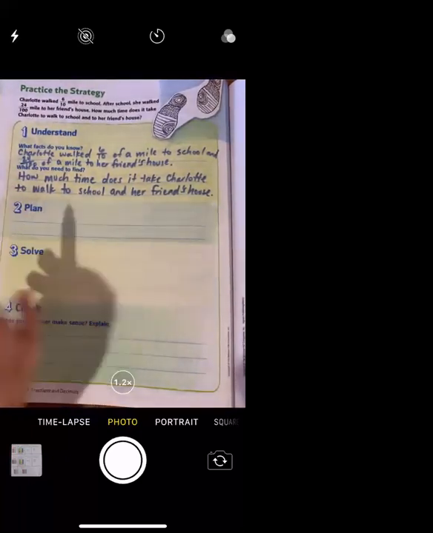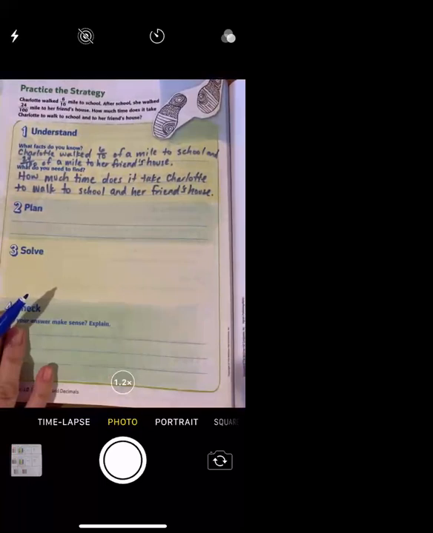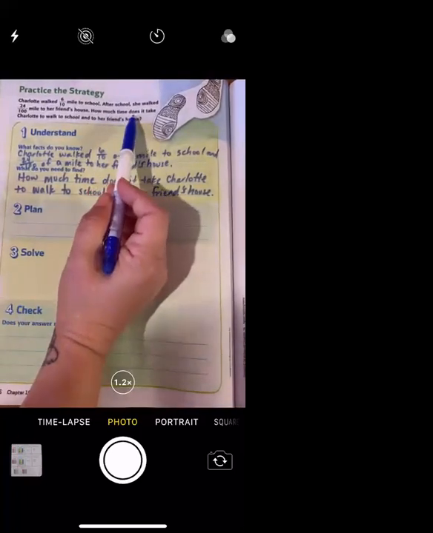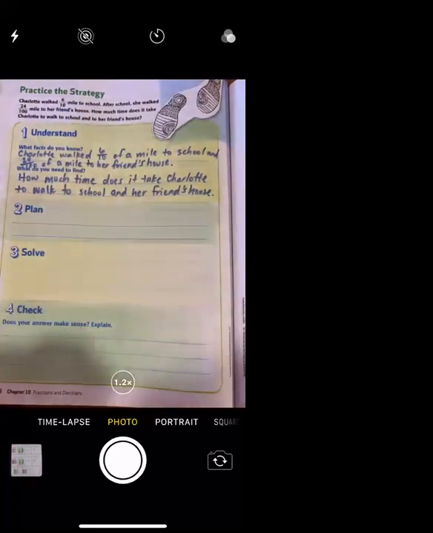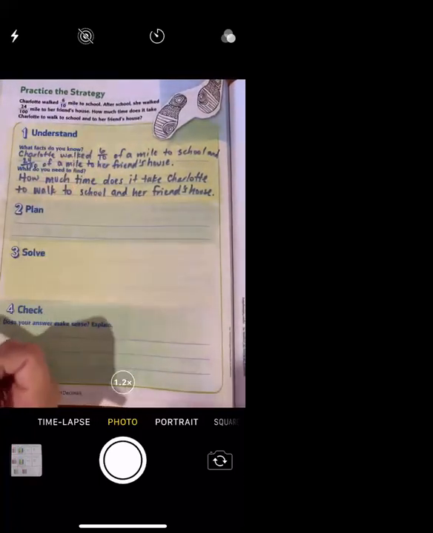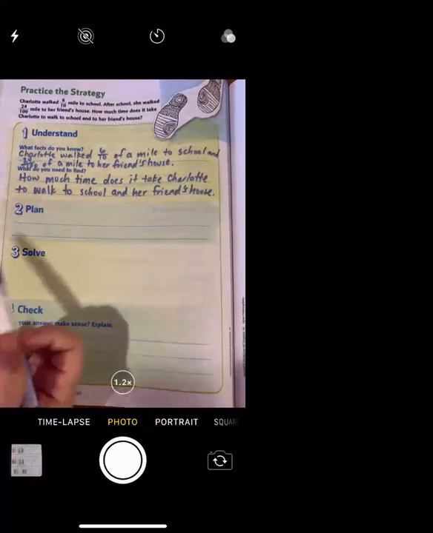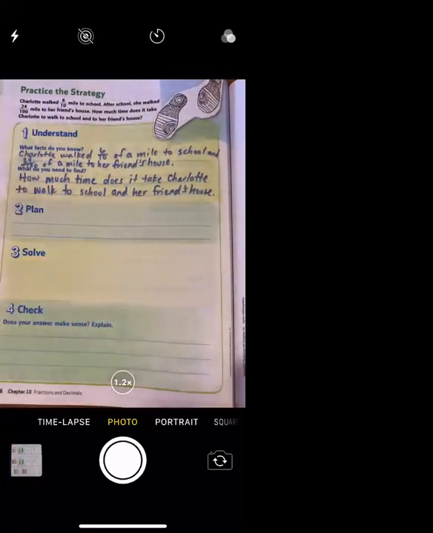Now step 2, I need to plan. So, I know how much she walked, but it's asking me how much time does it take? And it didn't tell me how much time it took her to walk to school. And it didn't tell me how much time it took her to walk to her friend's house.